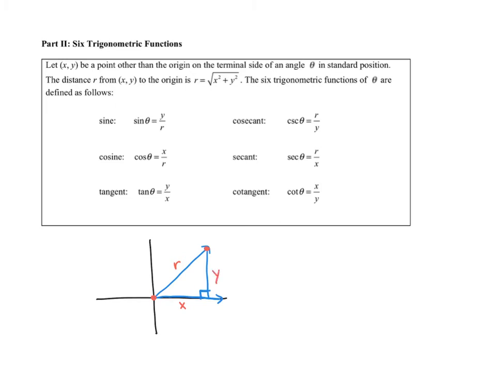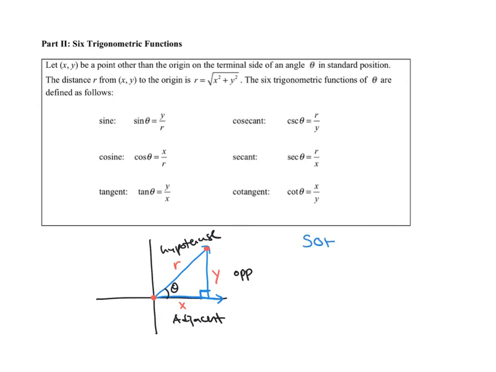Your angle theta will be the reference angle, the angle between the terminal side and the x-axis. And the opposite side, remember from right triangle trigonometry, is going to be that vertical component. The adjacent side is the horizontal leg, and then r is the hypotenuse of the triangle.